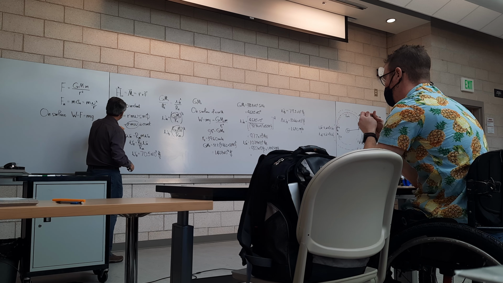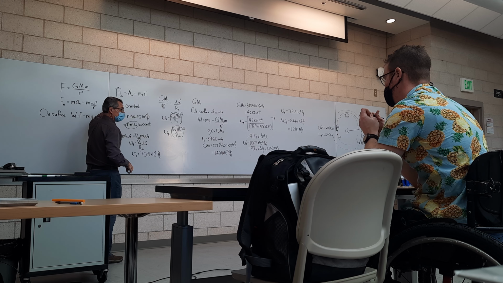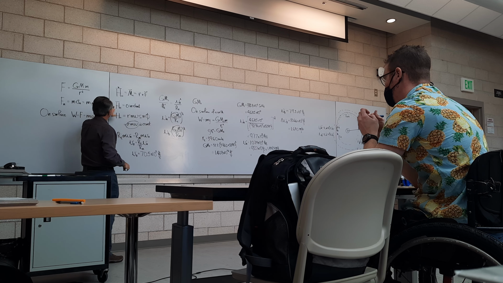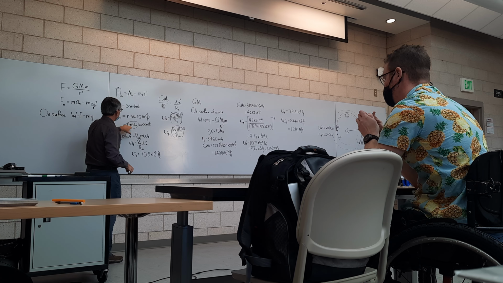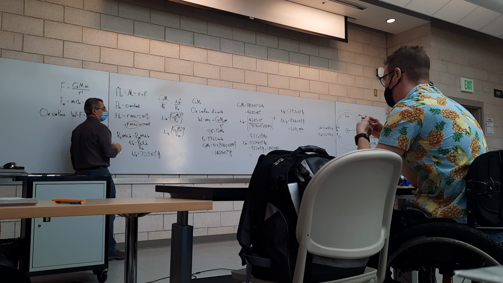So this is the value of the angular momentum. And we already talked about how the direction of the vector stays constant, so all we need to do is figure out that the magnitude stays constant.